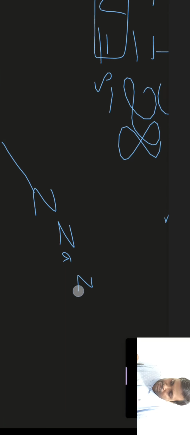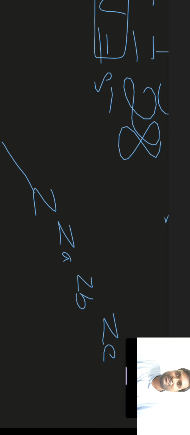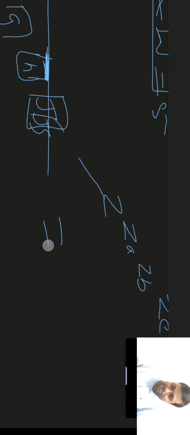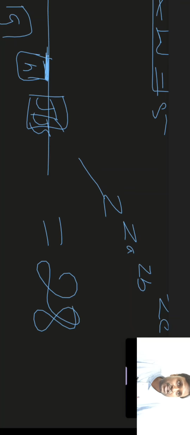There will be Z, there will be ZA, there will be ZB, there will be ZC. So this many fundamental deviations are possible, and they are the same as the hole but represented in lower case. So there are 28 types of fundamental deviation for shaft also.